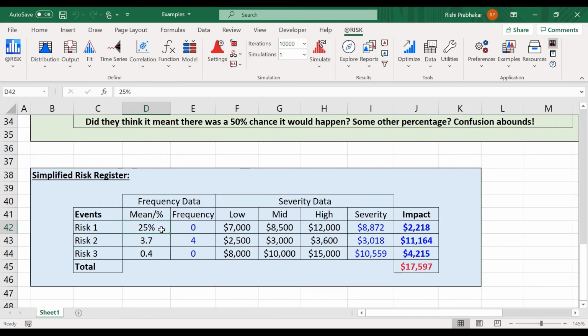Now, at a very technical level, the Bernoulli function references a cell. As long as that cell returns a percentage or something from 0 to 1, the software will work. But I'll leave you with this idea. I would never do that.